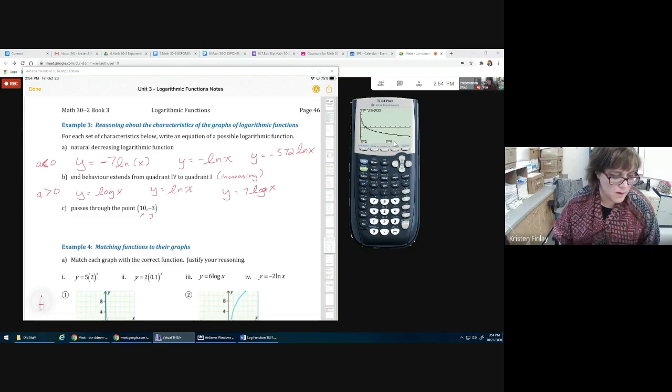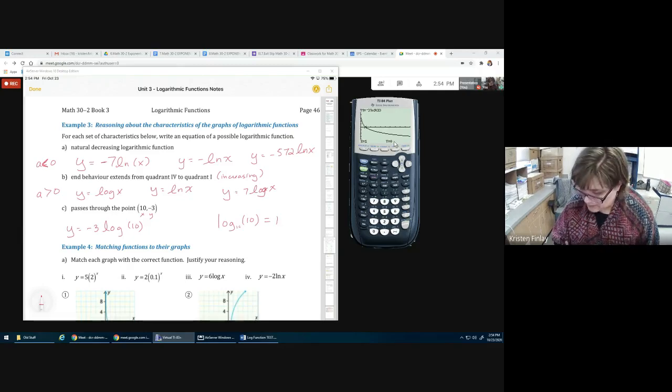So basically we want it when x equals 10, y equals negative 3. So if we go y is equal to negative 3 log base 10 of 10, log base 10 of 10 equals 1, right?